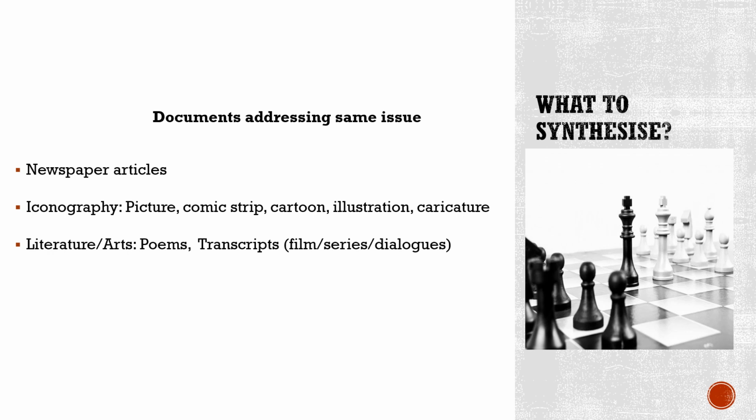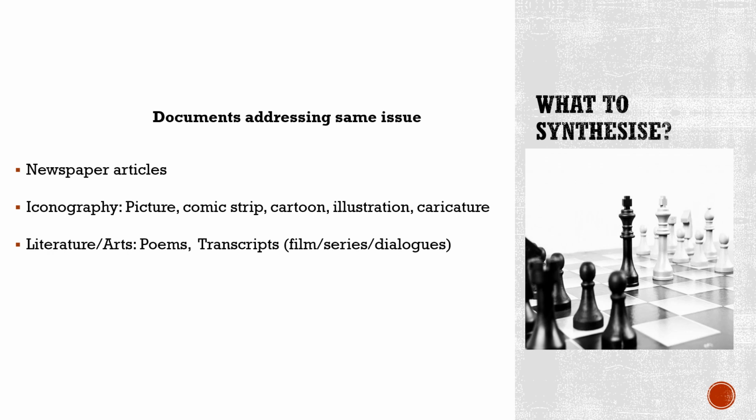So all these documents have to be addressing the same point, the same issue, the same problem. However, each one must be dealing with this issue in different ways or from a different perspective, undertaking or endorsing a particular personal point of view.